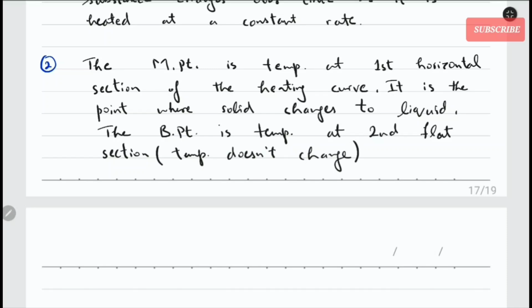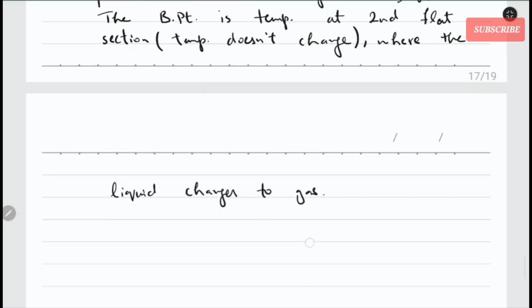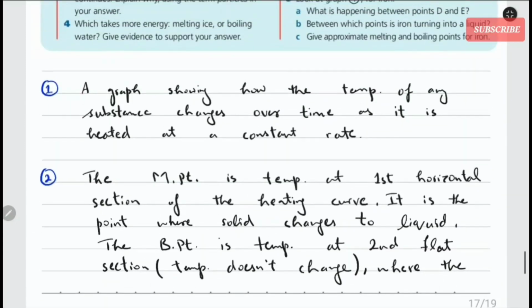Okay, the temperature does not change. This is the point where the liquid changes to gas. Right? So that's the idea here.